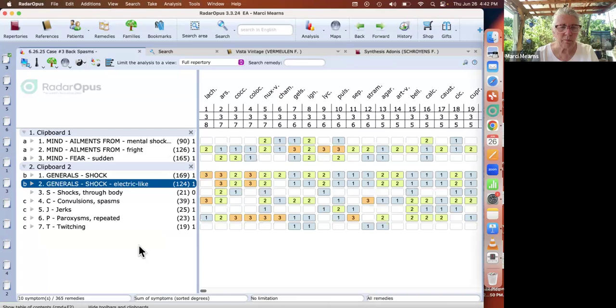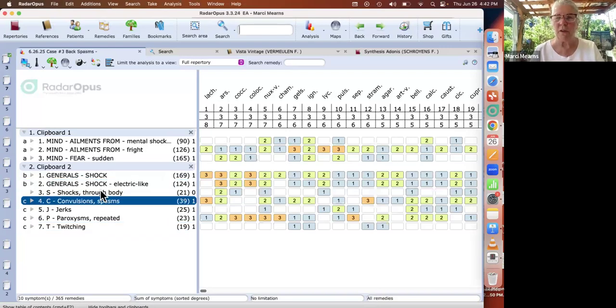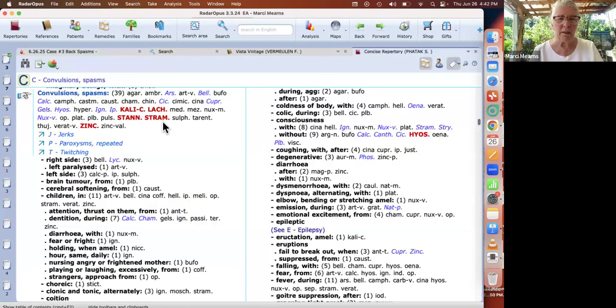I want to show you some other symptoms. These are from a different repertory. Let's try convulsions and spasms. She's got that spasm business. Okay, this is in FATEC, convulsions and spasms. If I'm going to choose a small remedy, I would do well to just look right in here for convulsions, spasms, jerks, twitching.